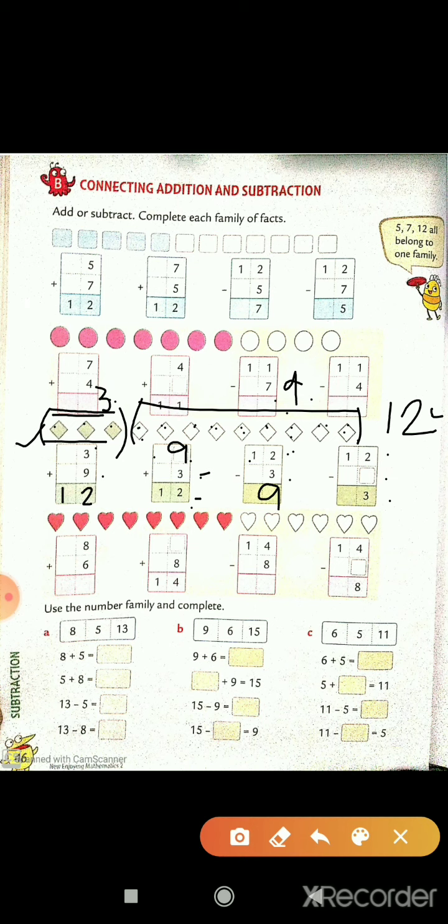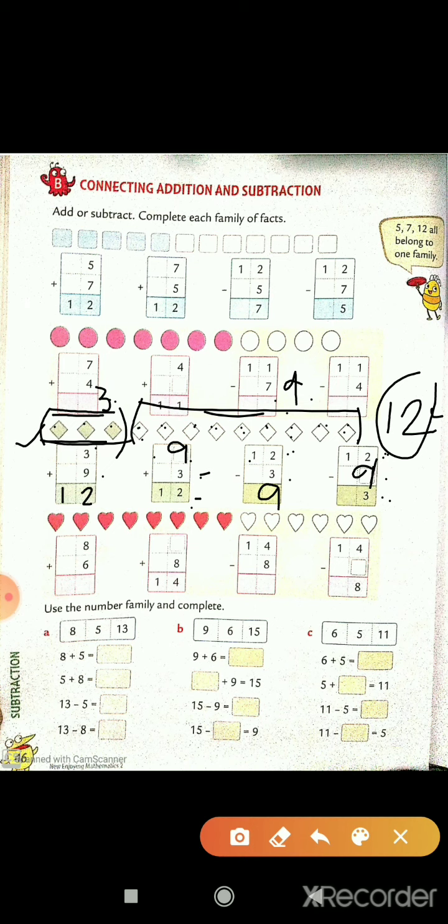We have to find the missing number, right? So we will subtract 3 from 12. So if we are subtracting 3 from 12, that is from the sum, what is our answer? 9. So we are going to write here 9. So 12 minus 9 is equals to 3. Got it, students?